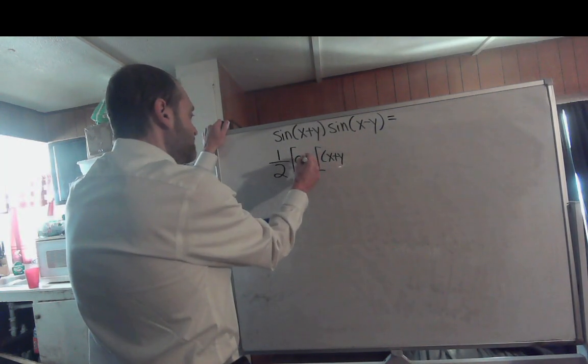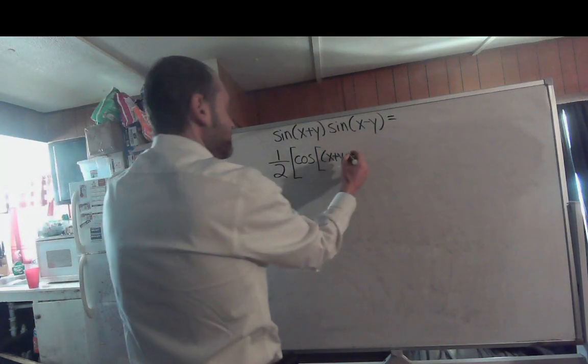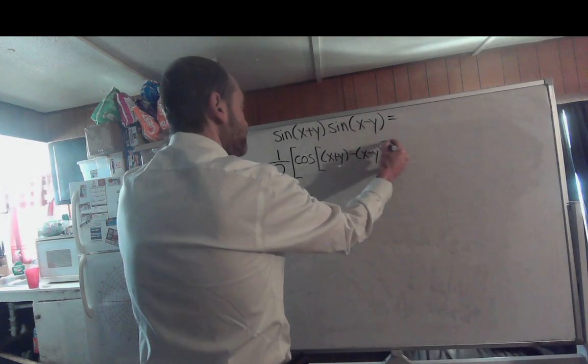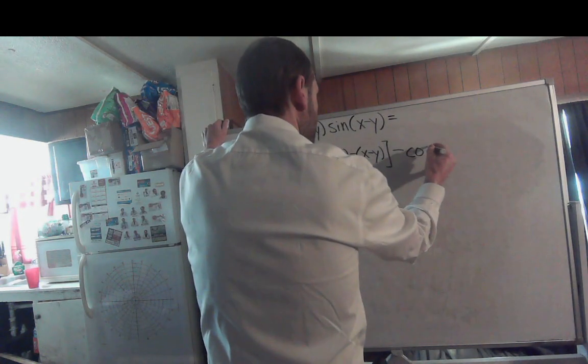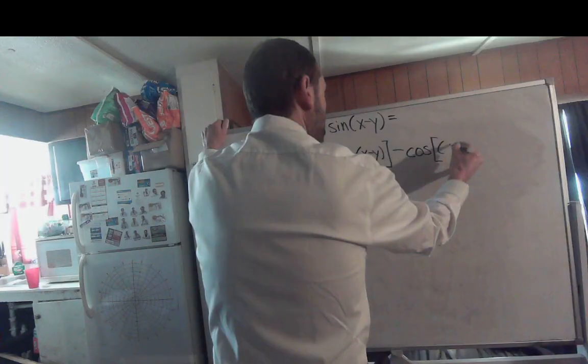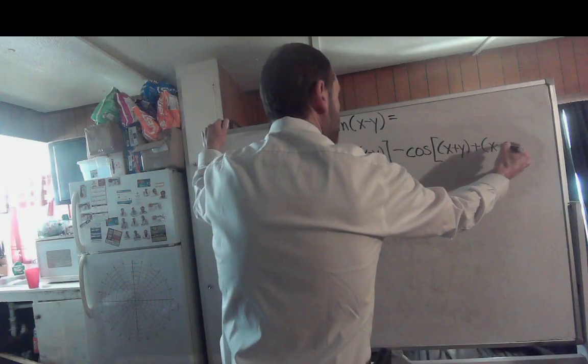The product of sum formula for the sine times sine is cosine of x plus y minus x minus y, minus the cosine of the quantity of x plus y plus x minus y.